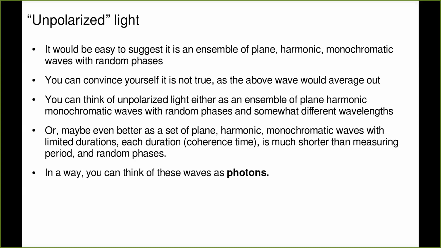Then when we integrate for 10 to the minus 3 seconds, or 10 to the minus 2, or 10 to the minus 4 seconds, we capture many of these individual emissions, which almost don't overlap at all. And I'm basically measuring individual photons, which are all individually completely polarized, but then their polarizations cancel.